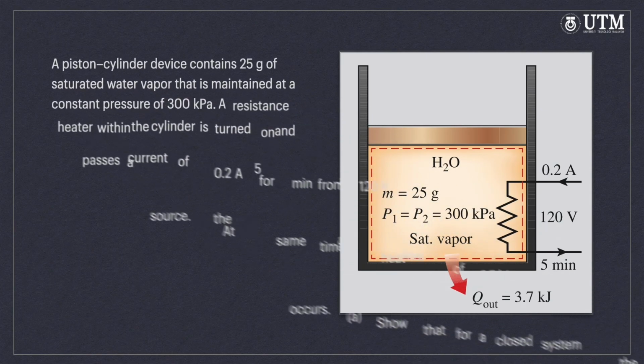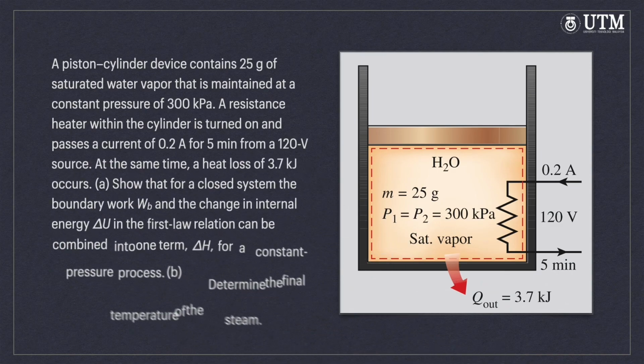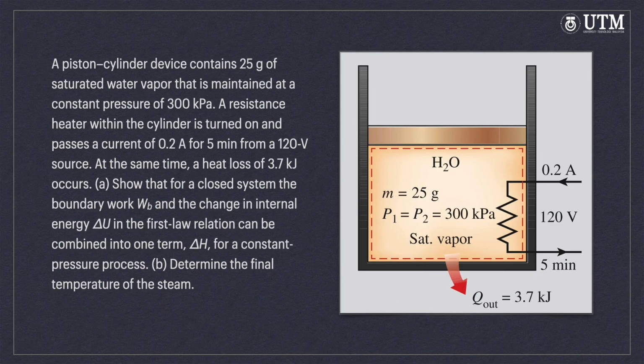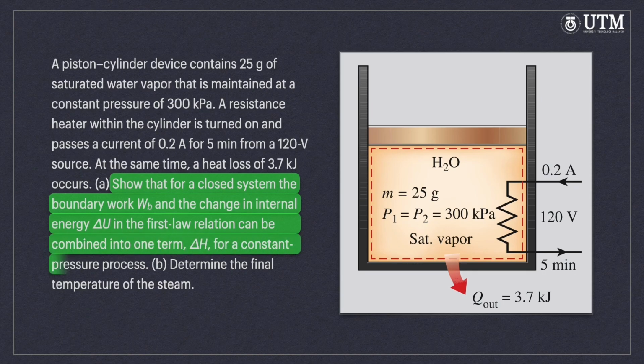In this problem, saturated water vapor in a piston cylinder device expands at constant pressure due to heating. It is to be shown that delta U in the first law relation can be combined into one term, delta H, for a constant pressure process, and the final temperature is to be determined.